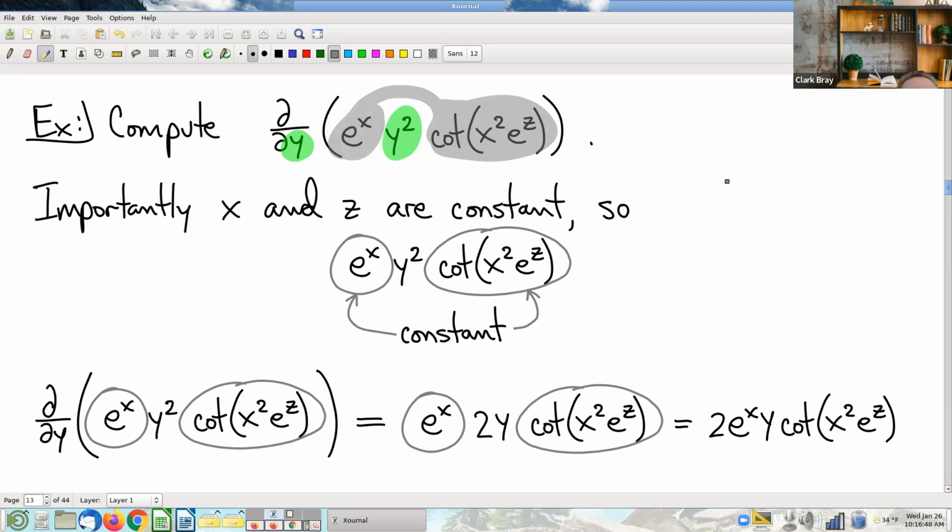So keep a careful eye on what's your variable and what else are constants. And with the constants identified, you just kind of ignore them. Treat them like it's a 6, right? And then not much differentiation is left over sometimes. And of course, the y derivative of y squared is just 2y, and we're done.